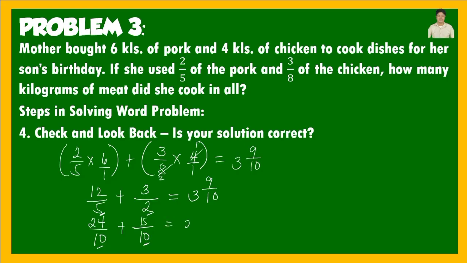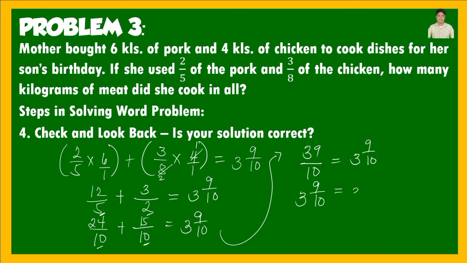So, add ngayon natin, 24 plus 15, we have 39/10. So, yung 39/10, i-change natin into mixed numbers, lilitaw po na 3 and 9/10. So, tama po yung sagot natin na 3 and 9/10 kilograms.